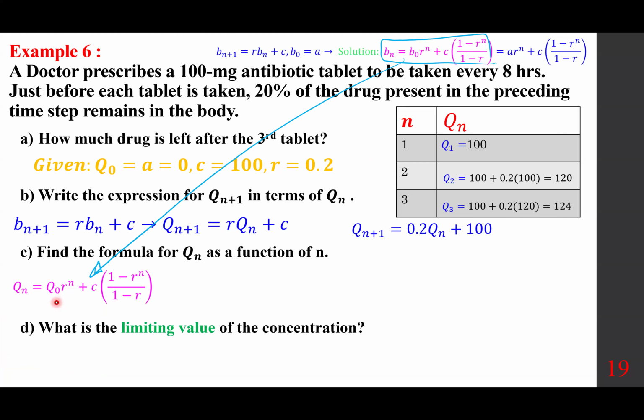We plug in Q sub 0 or A is 0, R is 0.2, lowercase c is 100. And we simplify this expression. So 0 times 0.2 to the power of n plus 100 times 1 minus 0.2 to the power of n over 1 minus 0.2.